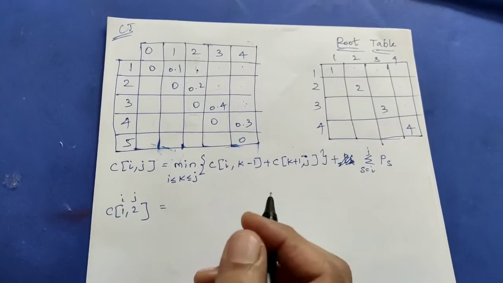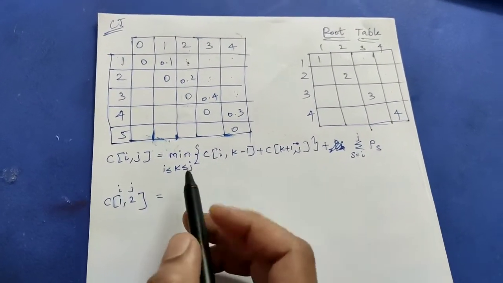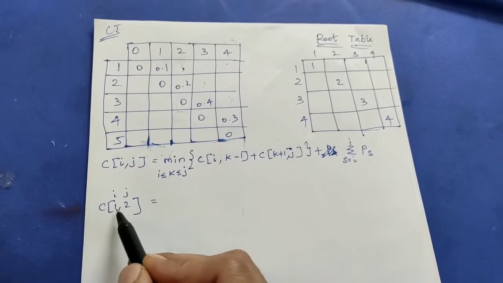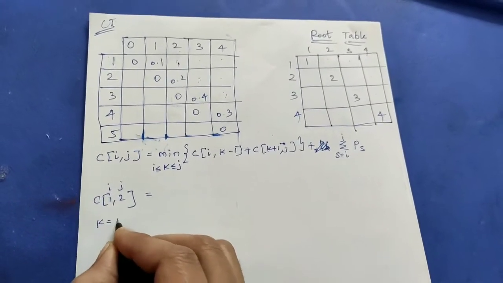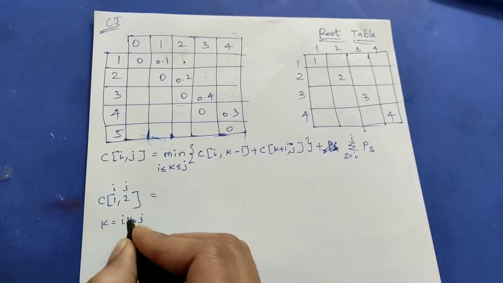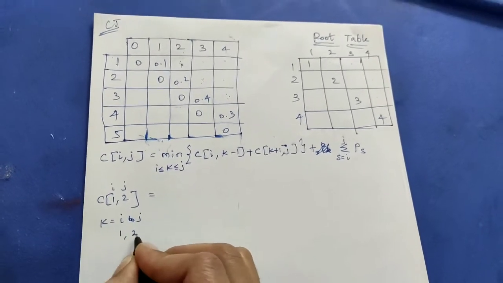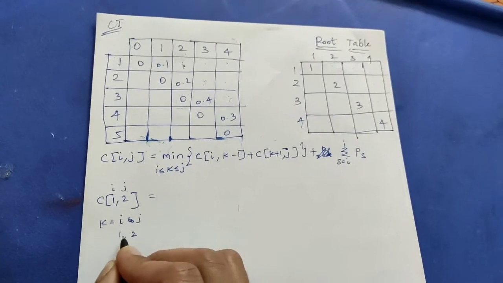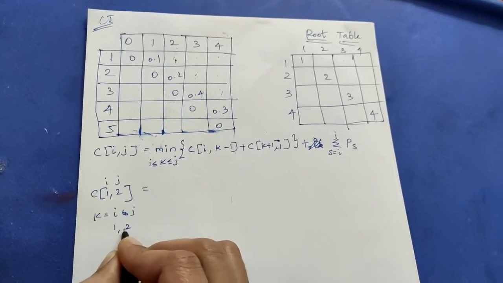Before applying the formula, you need to find out what the k value is. The k value starts from i and ends with j, that is i to j. What is the i value? 1. What is the j value? 2. The numbers are continuous, 1 followed by 2, and in between you are not missing any number.